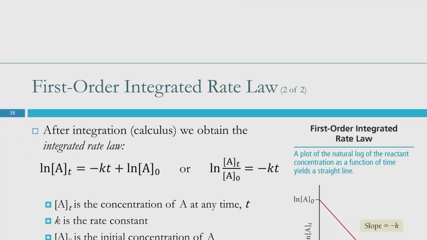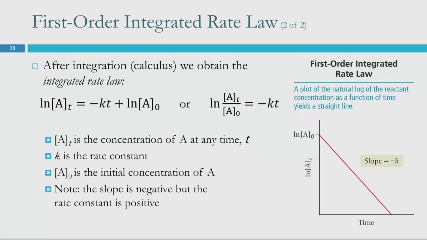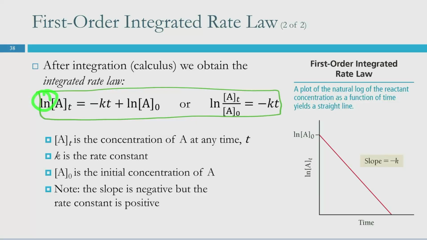And then after we do some calculus, which you don't need to know how to do, there's videos on it online on YouTube, and some rearrangement, you end up with the first order integrated rate law, which has these 2 forms. They're the same thing, it's just that one of them's been rearranged. So the natural log, ln, of A, the concentration of A at some time t, is equal to negative k, the negative of the rate constant, times the time that we're at.